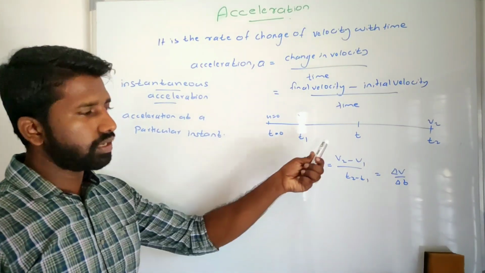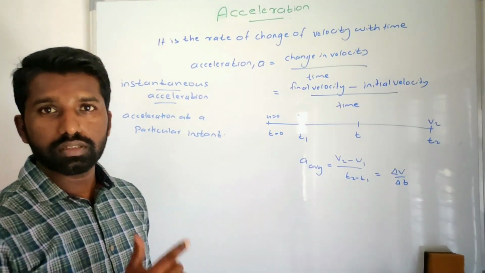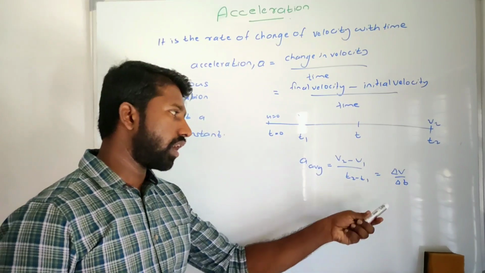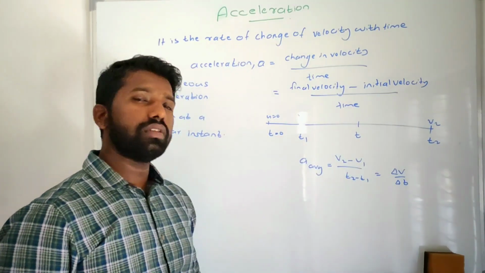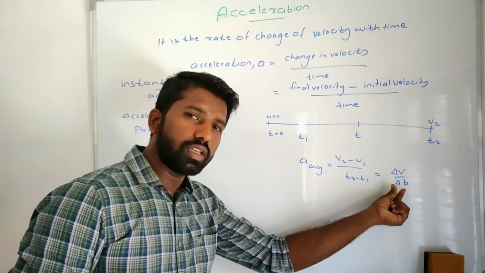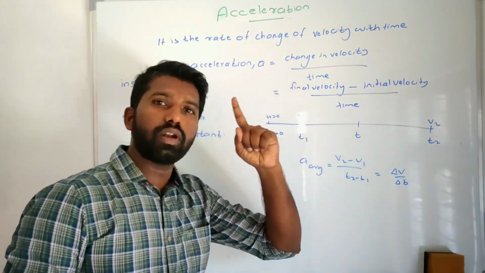That means instantaneous acceleration is the limiting value of average acceleration when delta t tends to 0. This value decreases and we get it at a particular instant.